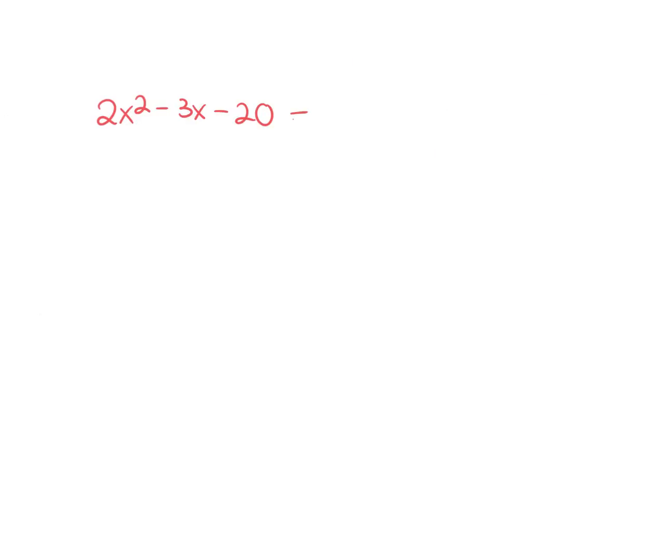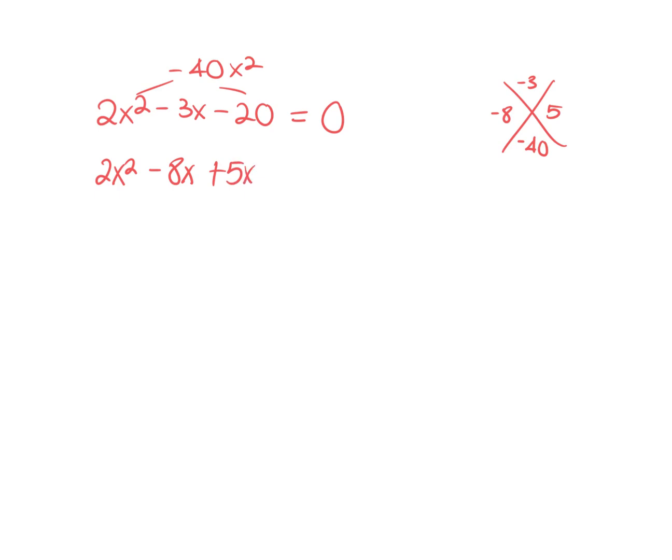And then just to set this equal to 0 and show you how to find the x-intercept, we can multiply 2 and negative 20 together to get negative 40x. So we need two numbers that add to negative 3 and multiply to negative 40. That's going to be negative 8 and 5. So this will be 2x squared minus 8x plus 5x minus 20 equals 0.